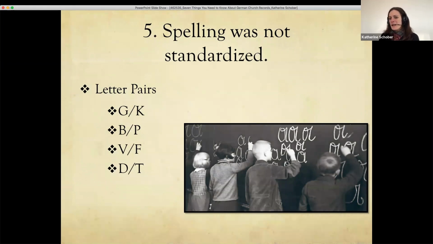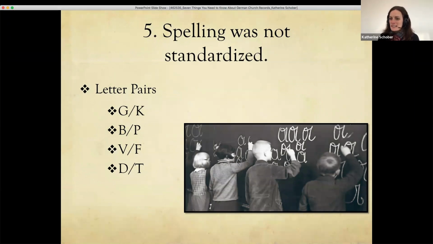So if everyone could say a B at home right now, B, and now say a P. Did you notice and can you see that those sounds were made at the same part of the mouth as one another? B and P, both made at the same part of the mouth. And that is how all of these letter pairs are related to one another. They are each made at the same part of the mouth as their counterpart.